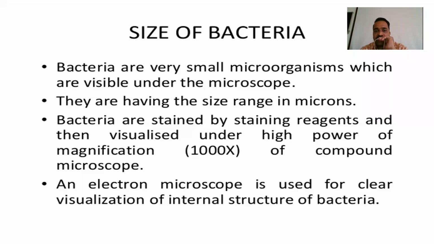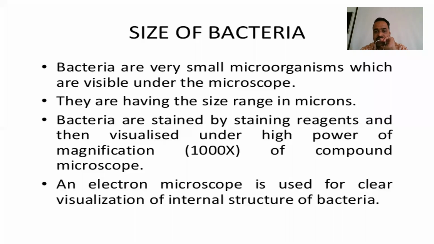So bacteria are very small microorganisms which are visible only under a microscope. This is the fixed thing. You cannot visualize them with your bare eyes. Then they have various size ranges which are measured in microns. So now the size of the bacteria is counted in microns.